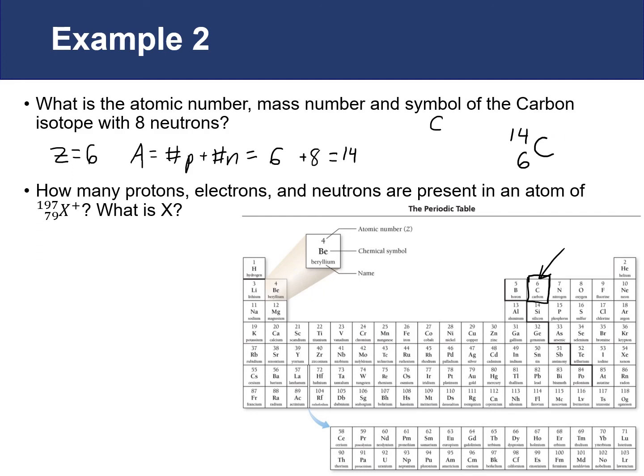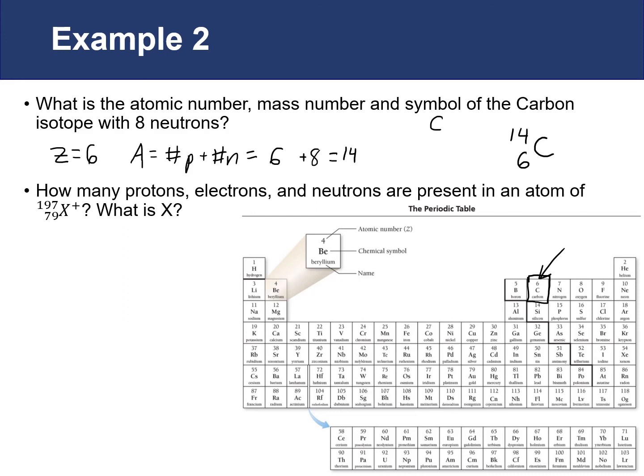Looking at our second example, how many protons, electrons, and neutrons are present in an atom of 197 with an atomic number of 79, an unknown symbol X with a +1 charge? So we want to know all that information as well as identify what X is.